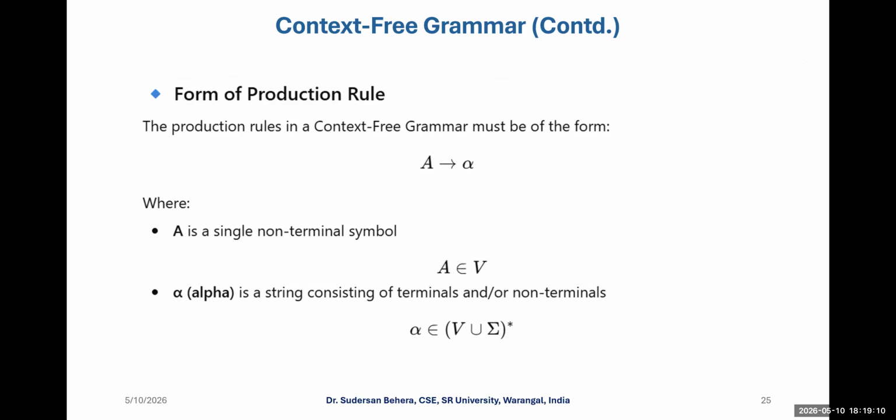Then what is alpha in the right hand side? Alpha can be a terminal, it can be a non-terminal, it can be a null string, or it can be any combination of terminal and non-terminal. Try to understand.